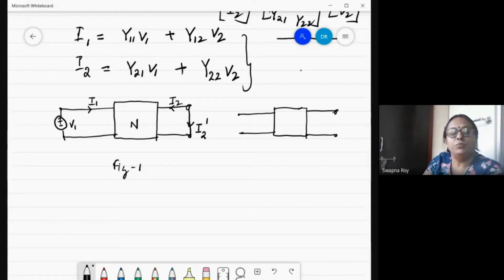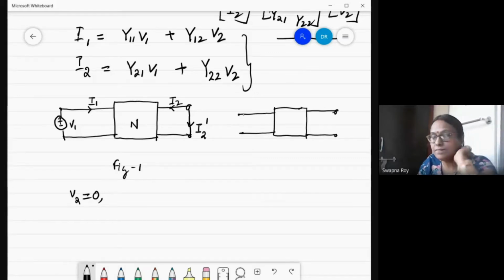So when output port is shorted, that time V2 is equal to 0, and I2 dash is equal to minus I2.